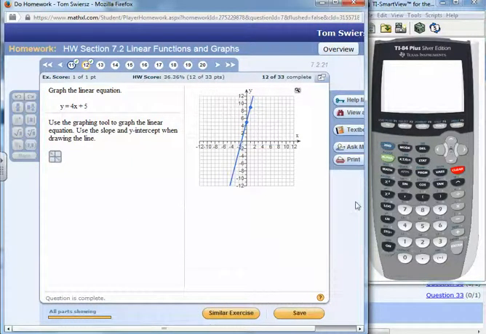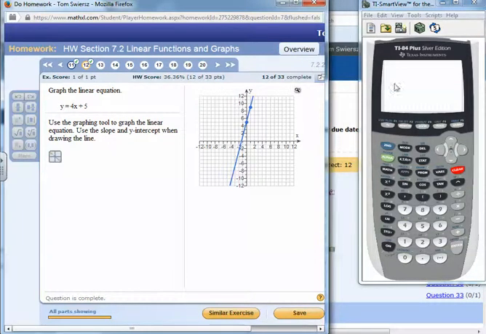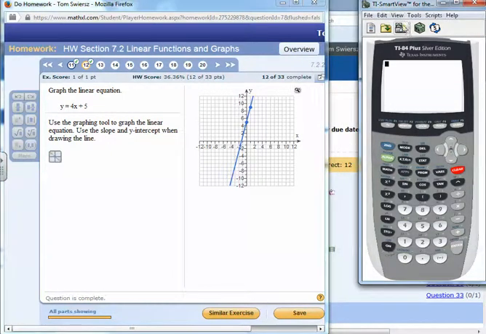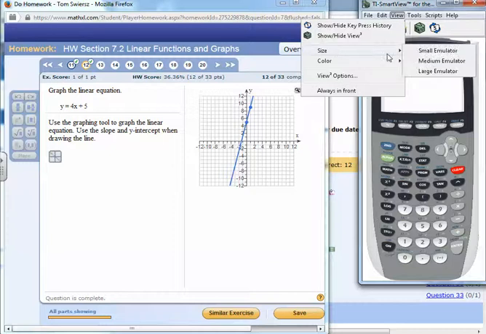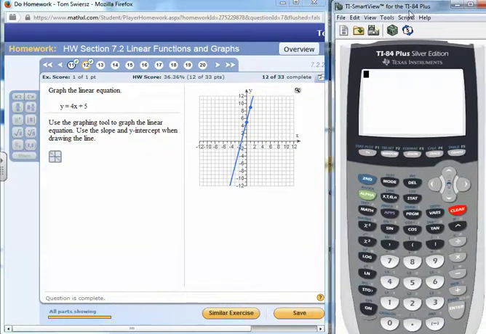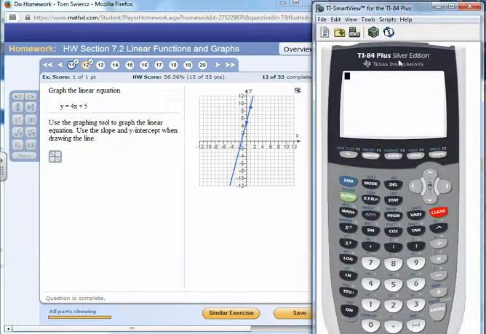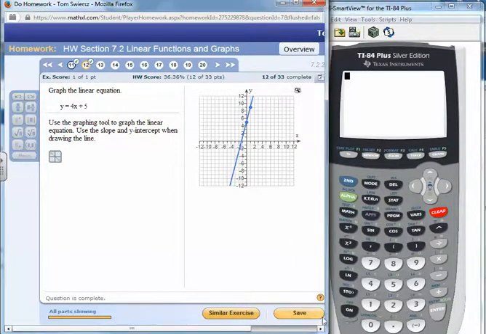Now, you can do this on your calculator. Remember, we did one of these in section 7.1. Okay, you've got the equation y equals 4x plus 5, right?